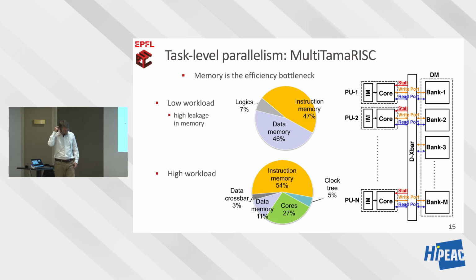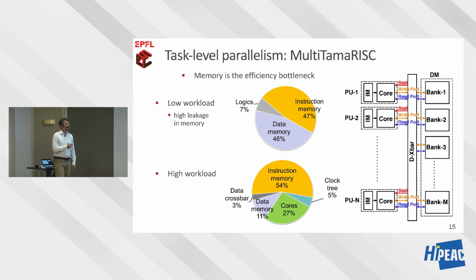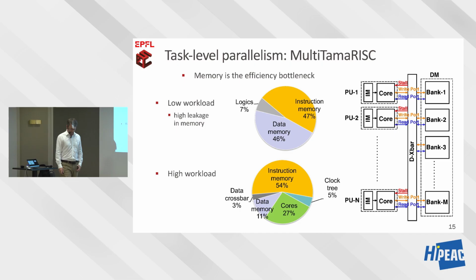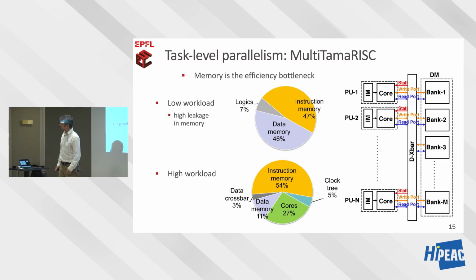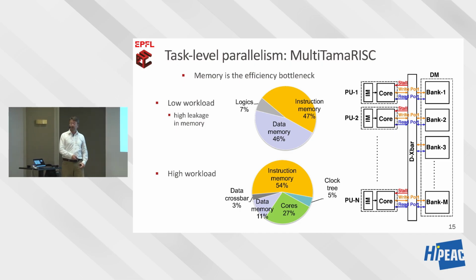Nonetheless, we wanted to have multiple cores. We did all this study about oxen and chickens, but it turns out that it's all about the memory. And again, this is something very much in line with the in- and near-memory lectures which you're having in the morning, and it's true even in a low power regime.